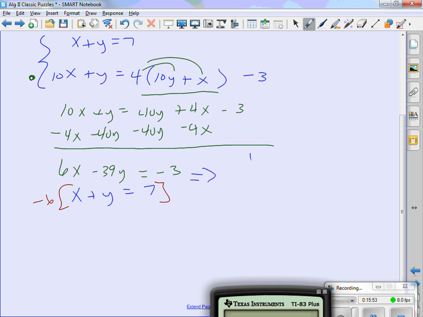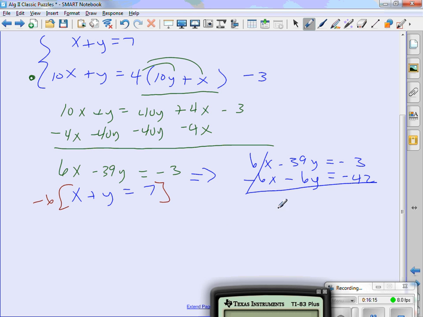So I have 6x minus 39y equals negative 3. When I distribute through, negative 6x, negative 6y equals negative 42. Gone.